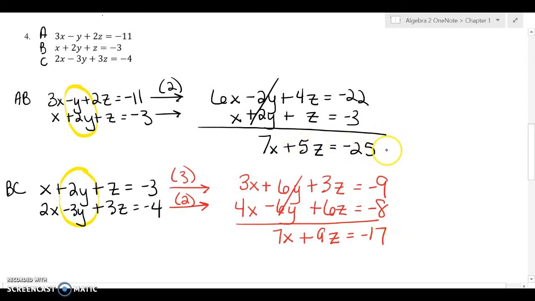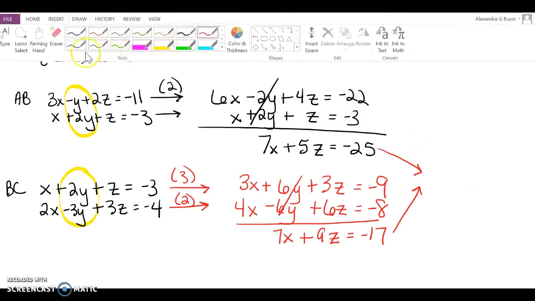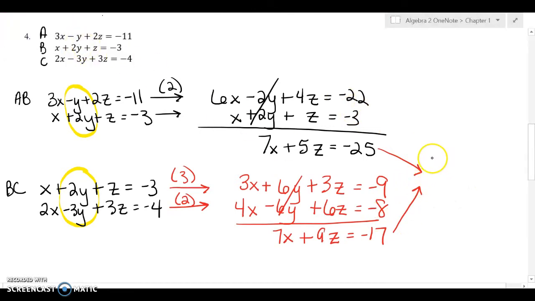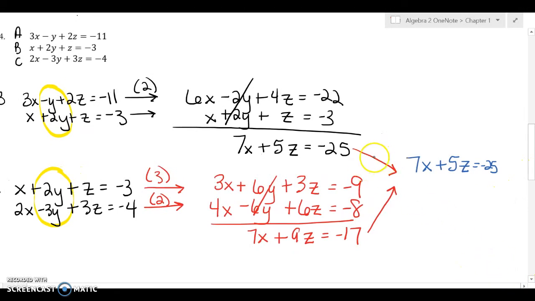Now, if you notice, this top one and this bottom one have both a 7x. So change colors one more time. And so now I'm going to do 7x plus 5z equals negative 25. And this one here, I want this one to be negative, so I'm going to multiply this one by negative 1.